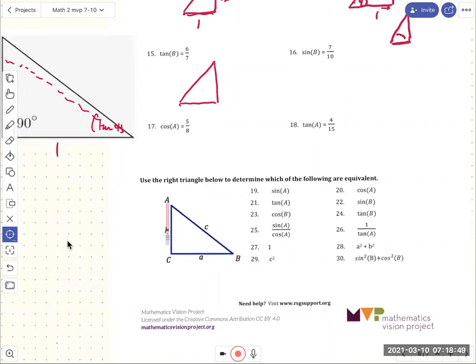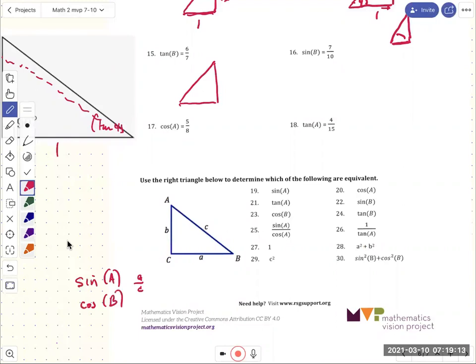Sine of A is A to C, and A to C is the same as cosine of B. So sine of angle A is side A over C, but that's the same as cosine of B, which is its adjacent over C. You want to find that kind of thing.